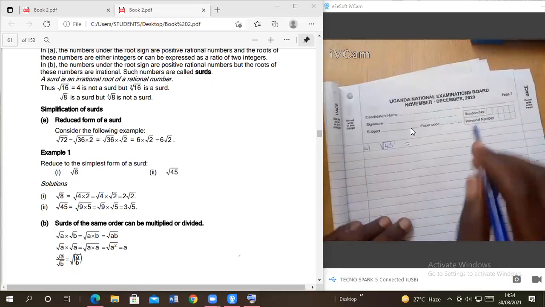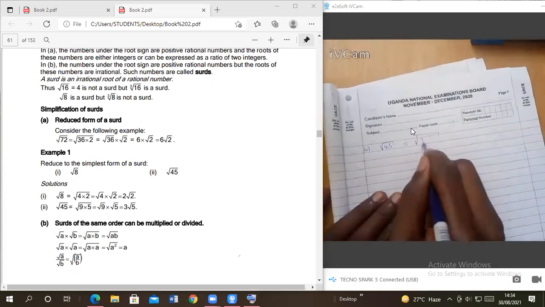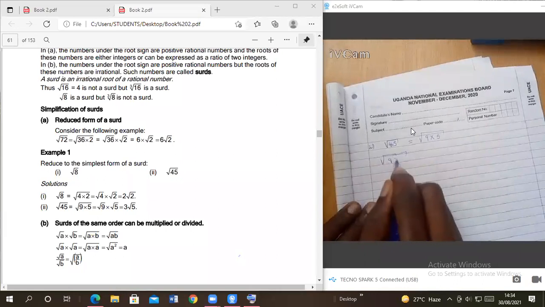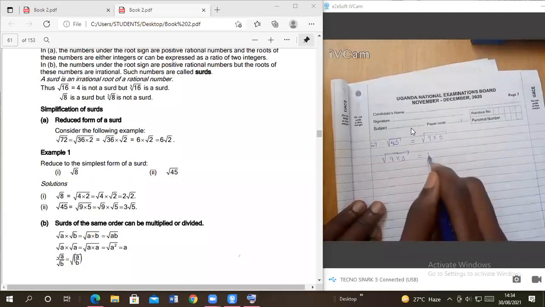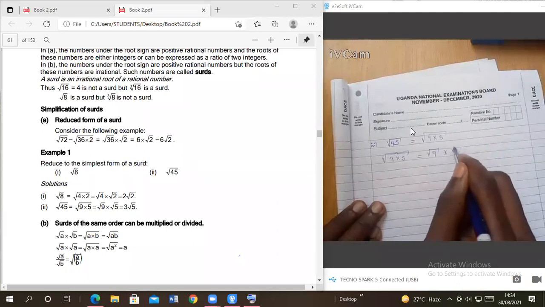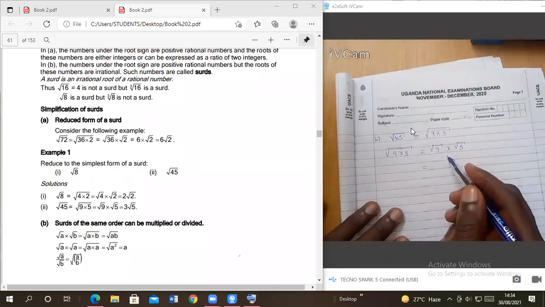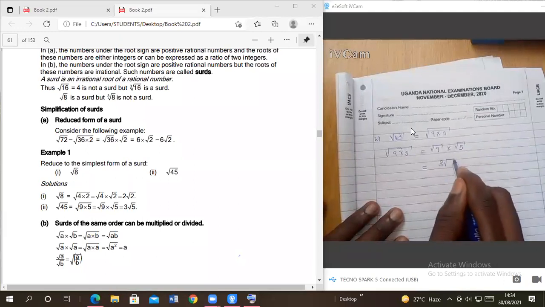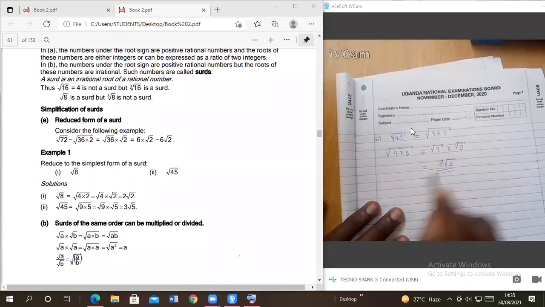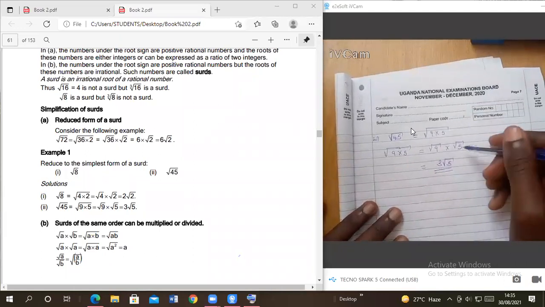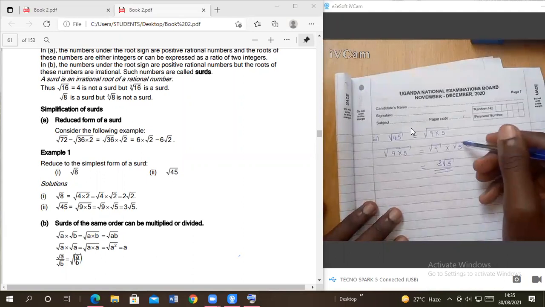So it becomes root of 9 times root of 5, which will give us 3 root of 5. So leave your answer in surds. Some will go ahead and press root of 5 in your calculator. Here we are just simplifying.